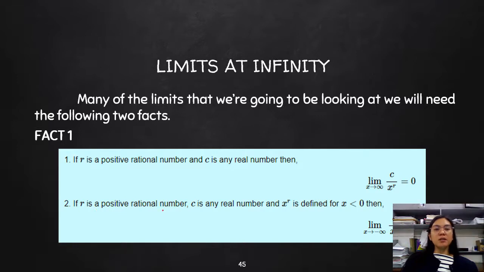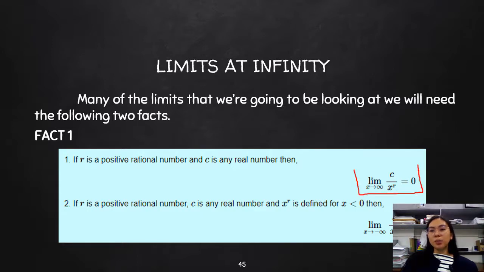And if r is a positive rational number, c is any real number, and x raised to r is defined for x less than 0, then the limit of c divided by x raised to r as x approaches negative infinity is equal to 0.